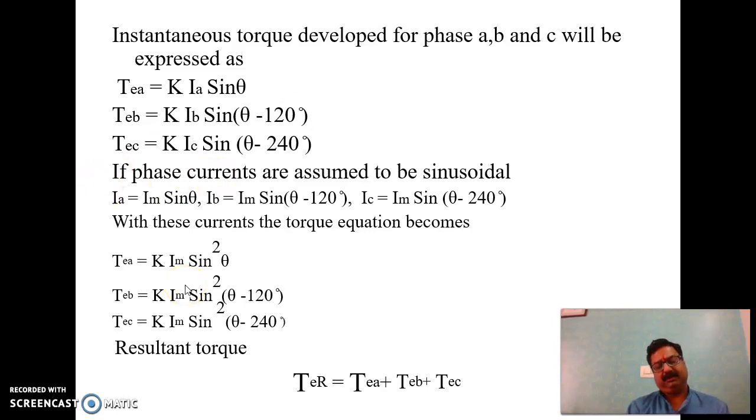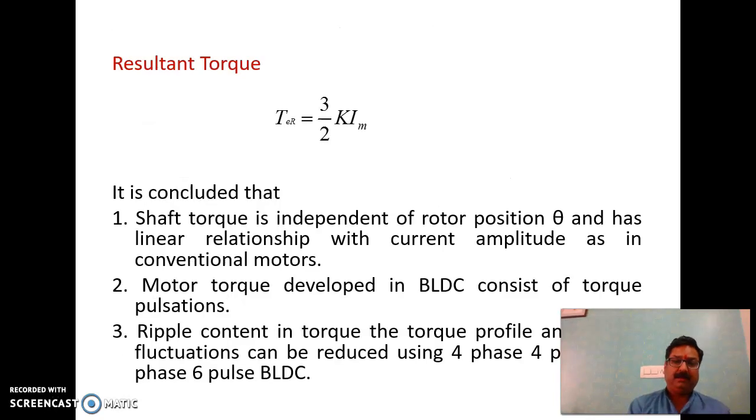The equivalent torque for phase A is K Im sin square theta, for B K Im sin square(theta minus 120 degree) and for C K Im sin square(theta minus 240). So the resultant torque will be the equivalent torque, the torque because of A, B and C. And the resultant torque which we obtain will be 3 by 2 K Im.